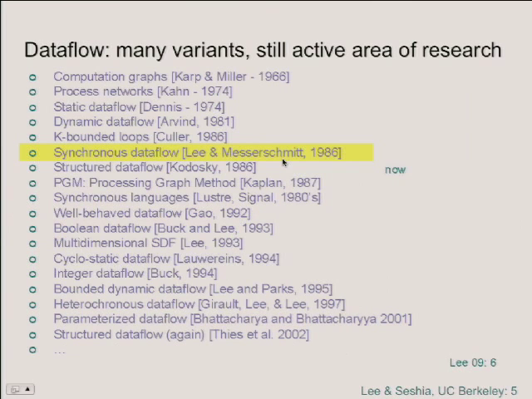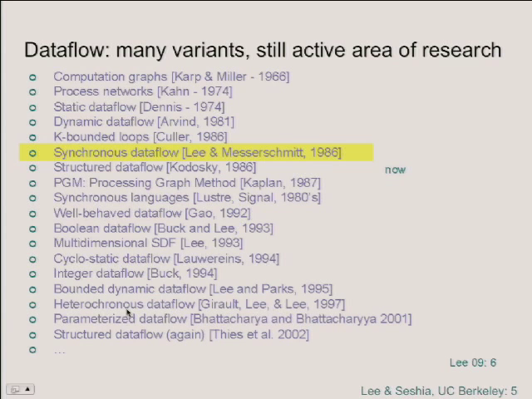Okay, synchronous data flow. If you have an actor that produces P tokens, P for produced, feeding an actor that consumes C tokens, C for consumed, the key idea is that you would like to maintain this system in balance so that the number of tokens produced equals the number of tokens consumed. Straightforward concept.